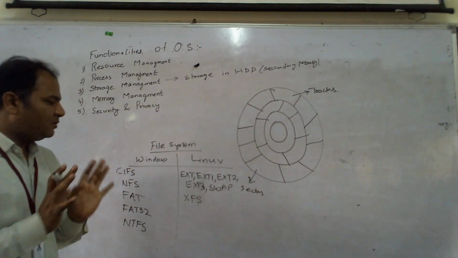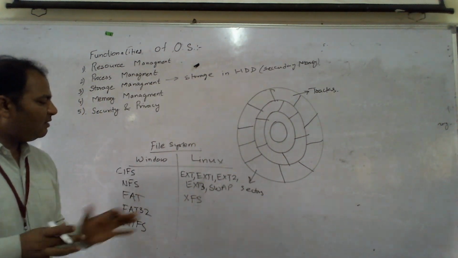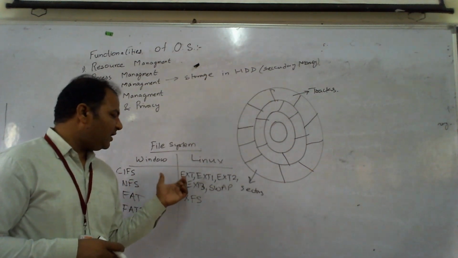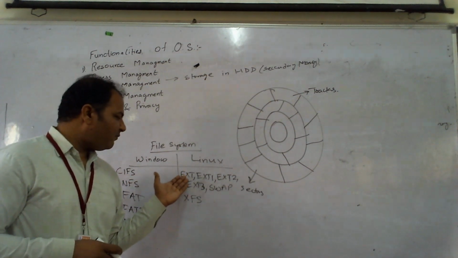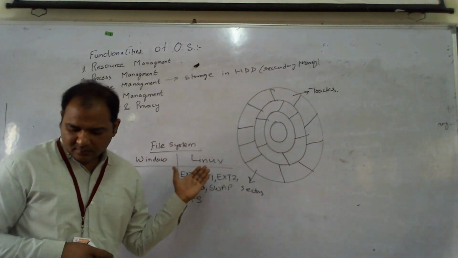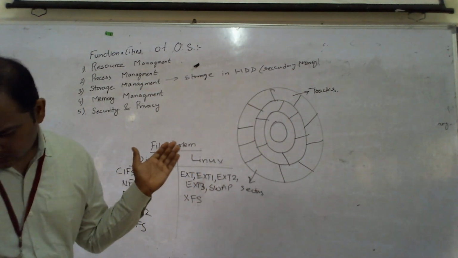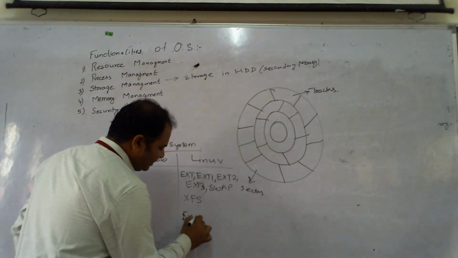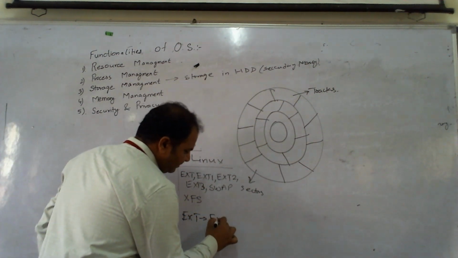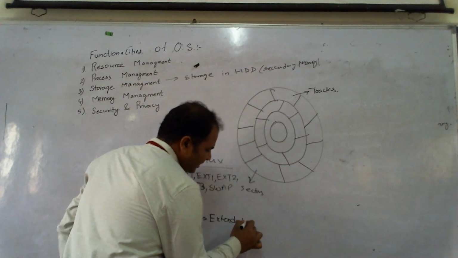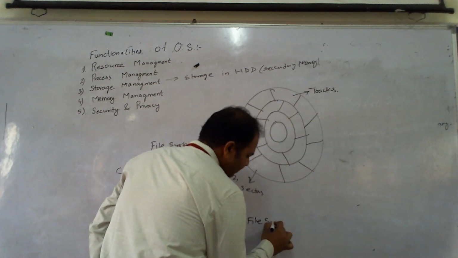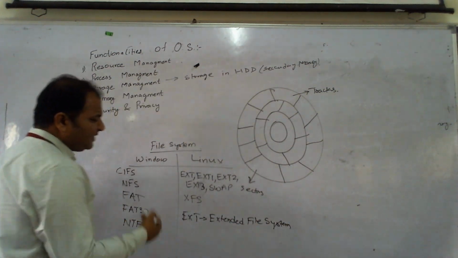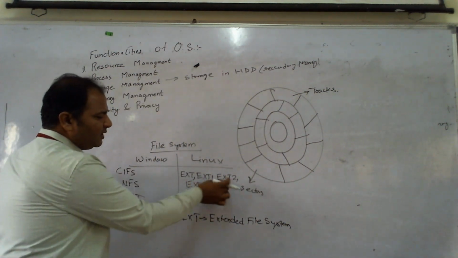So you have to know about the different file formats. Ext is for extended file system: extended file system version 1, version 2, version 3.